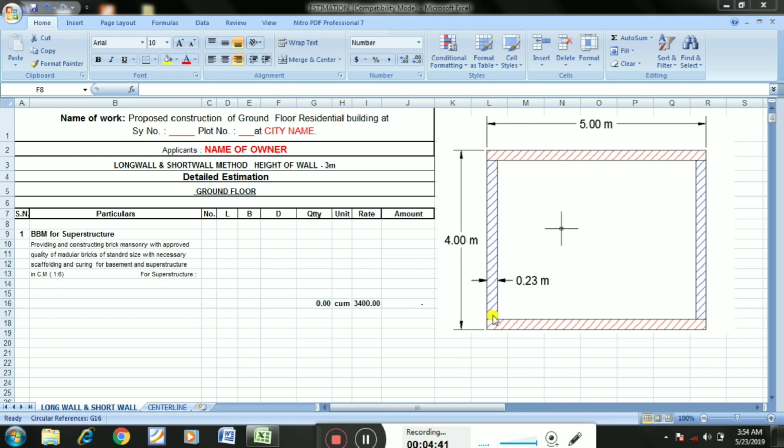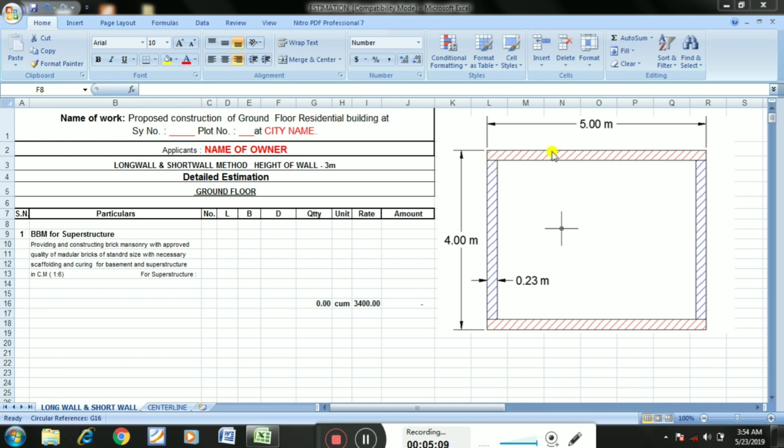These are the outer dimensions we have written. The 5 meter walls on either side act as long walls, and the 4 meter wall minus 230 mm on either side, as the thickness of the wall is 230 mm, so 4 meter minus 2 times 0.23 will be calculated later.